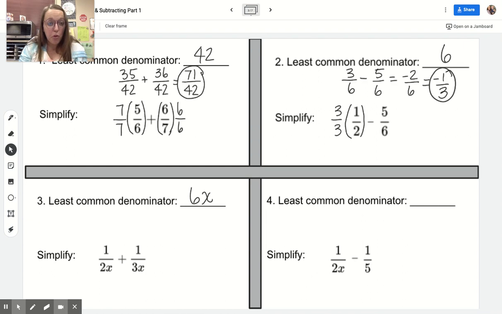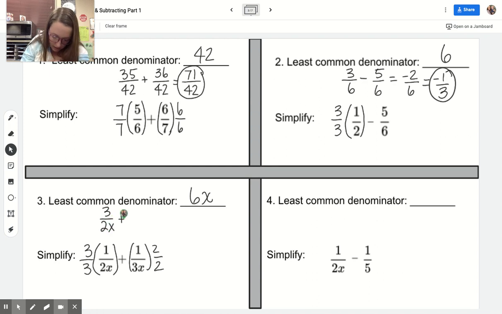And I need to make both of those denominators then be 6x. So the first one already has the x, and it's got a 2. To make it 6x, I need to multiply by 3. And for the second one, I need to multiply by 2. So I'll get 3 over 2x. I'm sorry, 3 over 6x, plus 2 over 6x is 5 over 6x.